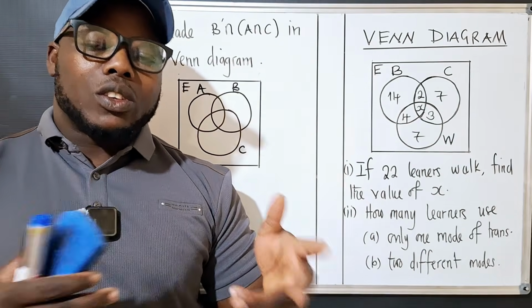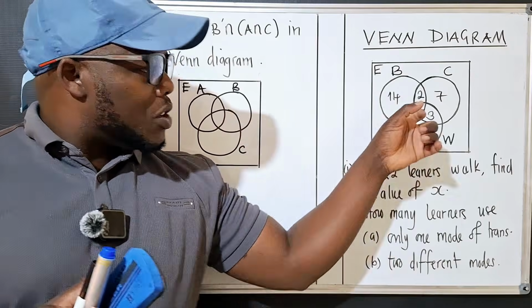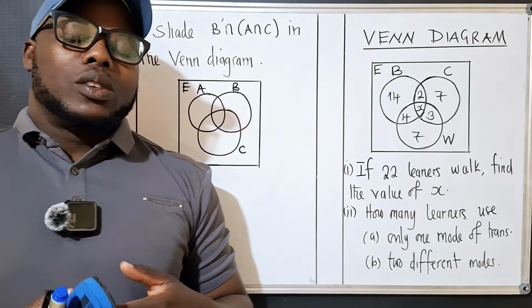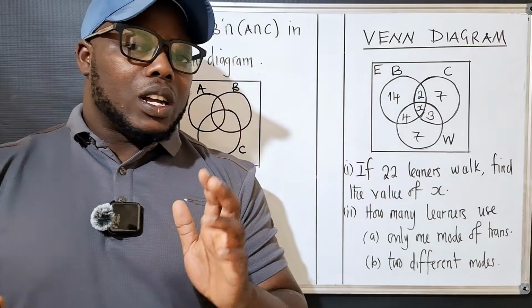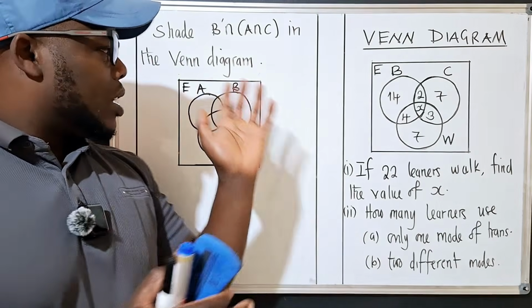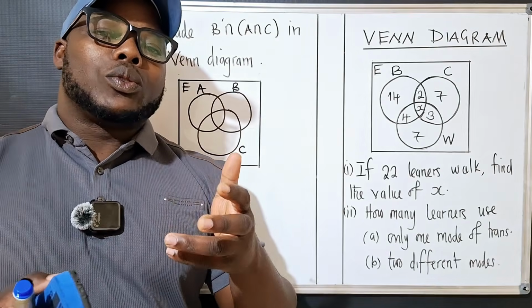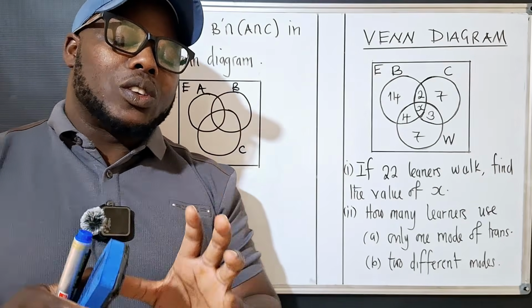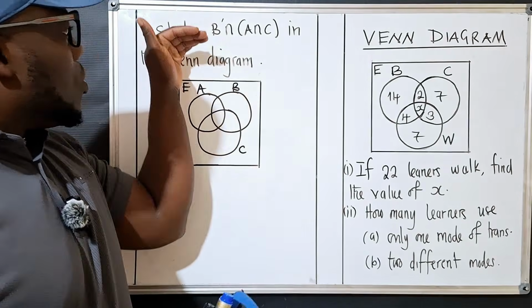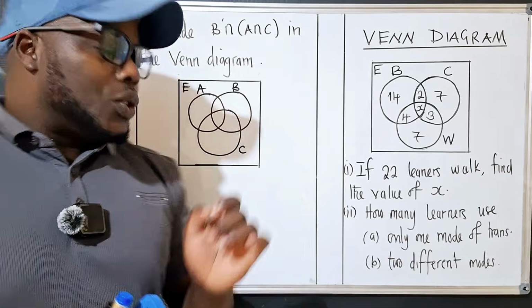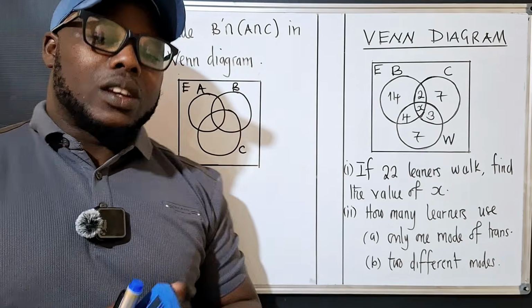And then they'll ask you to find maybe the value of some missing letter. In paper one, they'll either shade for you and ask you to identify the shaded region, or they give you set notation and ask you to shade like it is here.